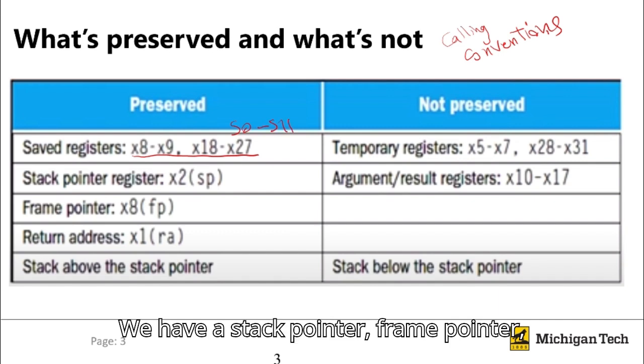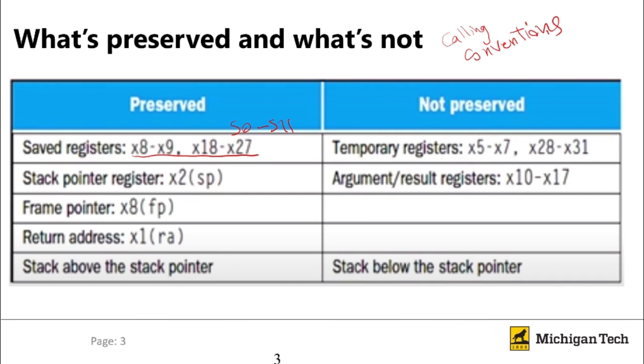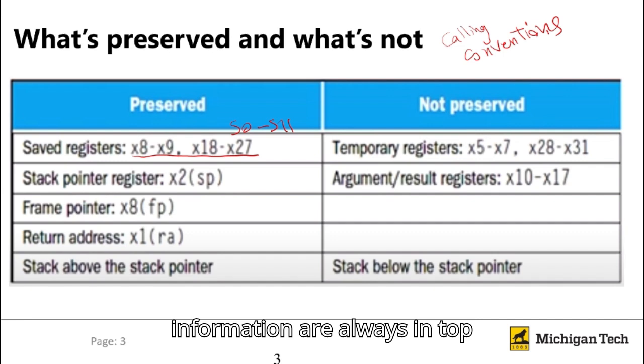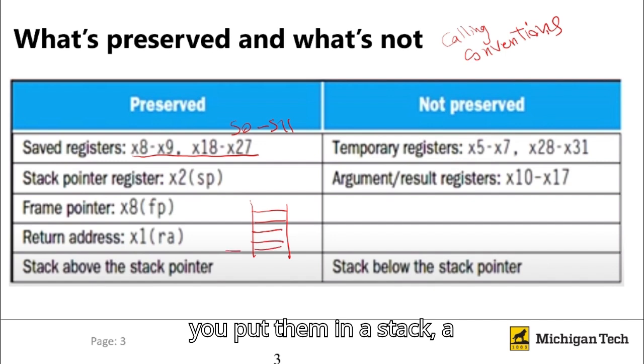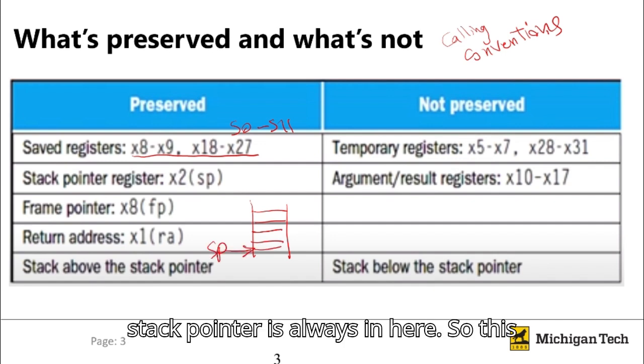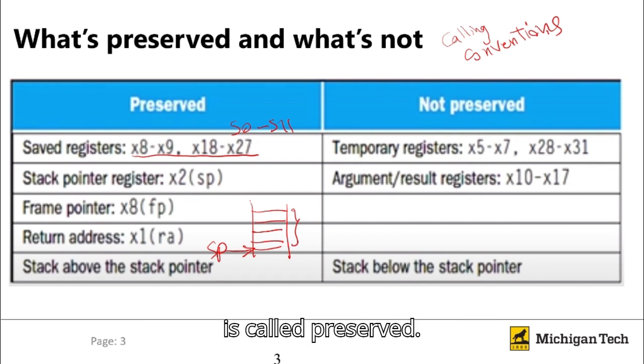We have a stack pointer, frame pointer, return address, and this information is always on top of a stack, because when you put them in a stack, the pointer is always in here. So this is called preserved.